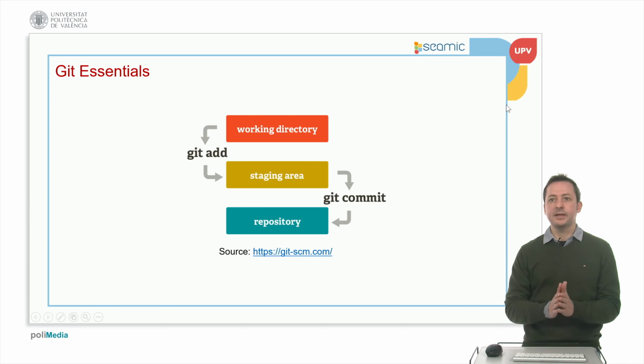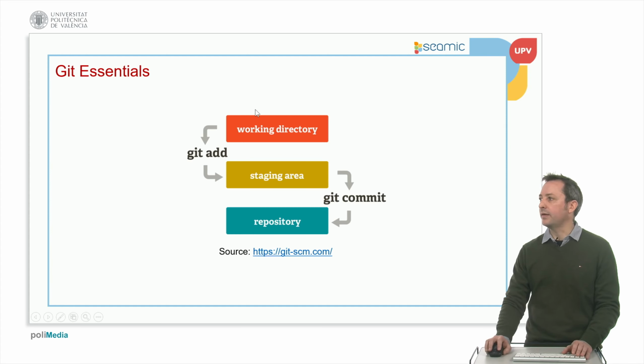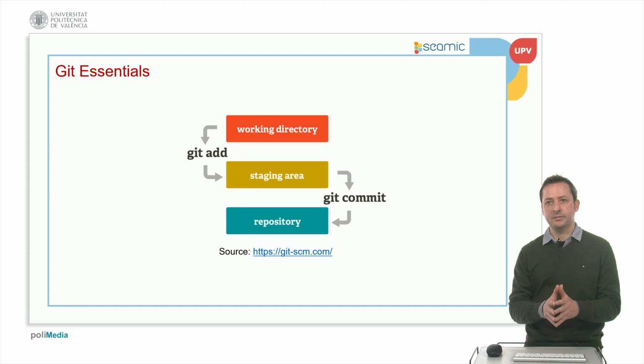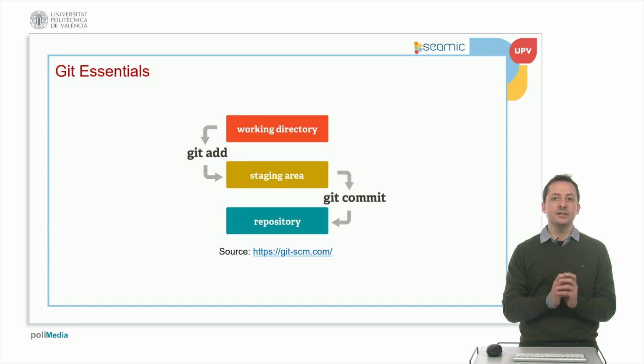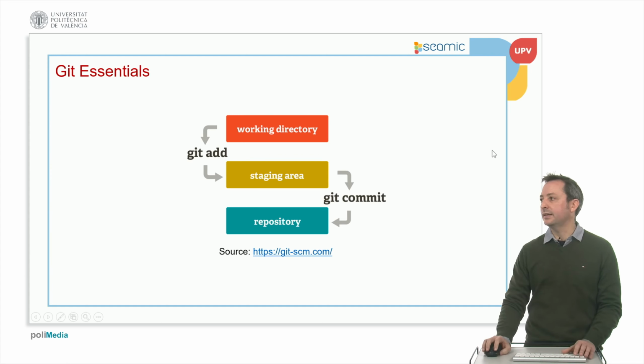According to this, Git defines three different areas of working. On the one hand, we have the working directory that represents the folder where we have the files of our project. Inside this working directory, there is a .git directory that is known as the repository.